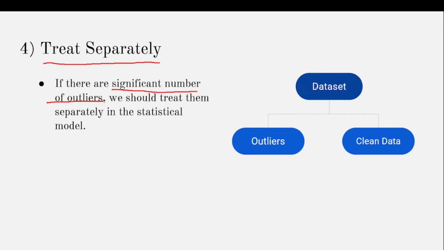In this method, we divide the dataset into two parts, that is, we separate the outliers from the clean data. The approach is to treat both the groups, the outliers and the clean data, separately, and then we build an individual model for both the groups and then combine them to get the output.